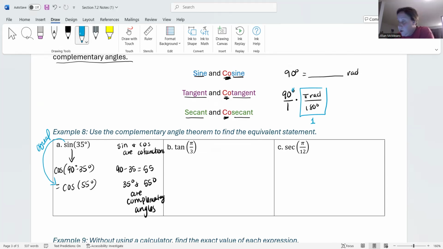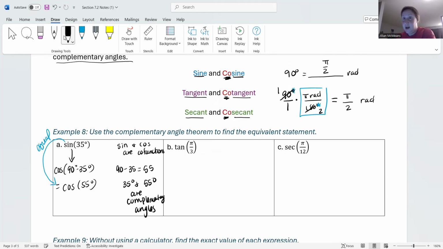So quite literally, the little unit degrees cancel. Okay, I know that 90 divides into itself once and into 180 degrees twice. I'm going to erase this little one so we don't confuse ourselves. Okay, so when I simplify this, I get 1 times pi radians over 1 times 2. So that tells me that 90 degrees is equivalent to pi over 2 radians, okay?